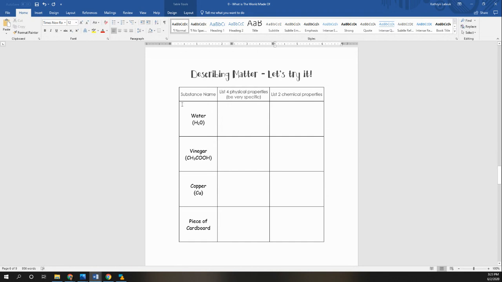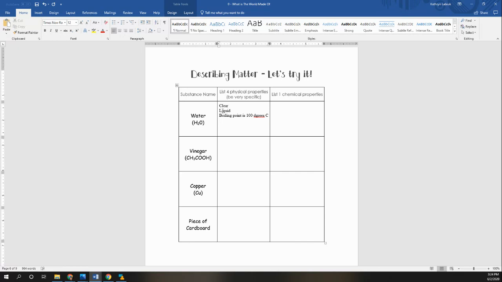Okay, so here it has substance name, list four physical properties, and it says two chemical properties, but my goodness, if you could come up with one, that would be awesome. Okay? So for example, water. What do you know? Okay, it's clear, it's liquid, its boiling point is 100 degrees Celsius.